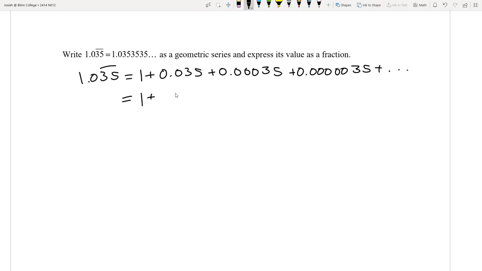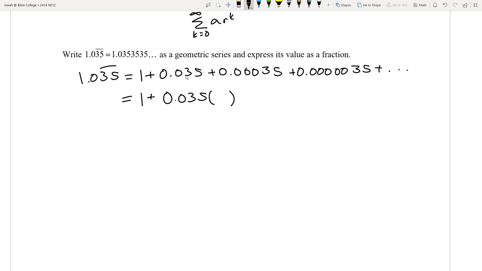We can say that our repeating part is our common ratio if we want. We do want to write this as a r to the k, and we would prefer to put k equals 0. We see that 0.035 repeated each time, and each time it's just been multiplied by something.